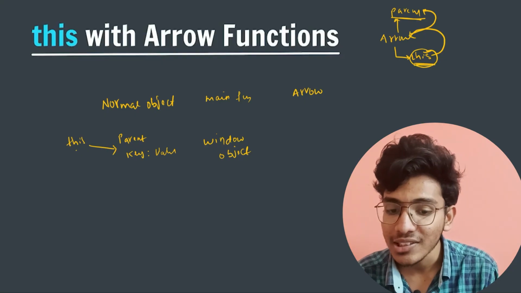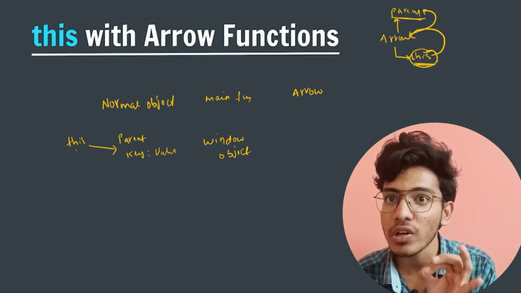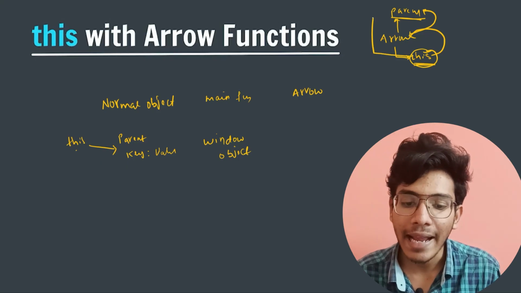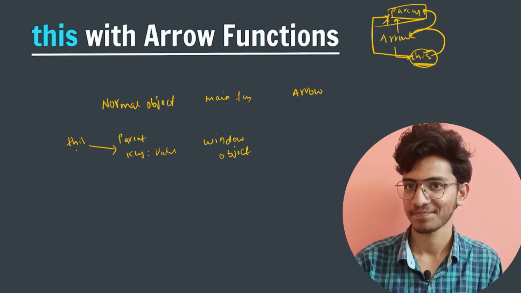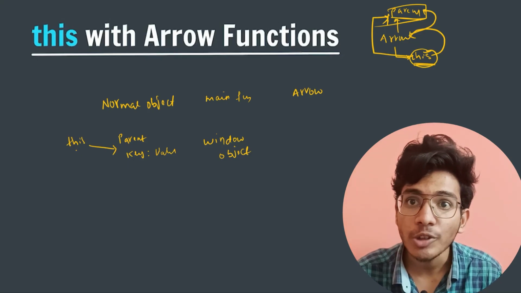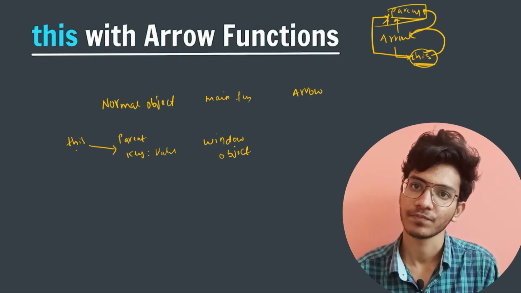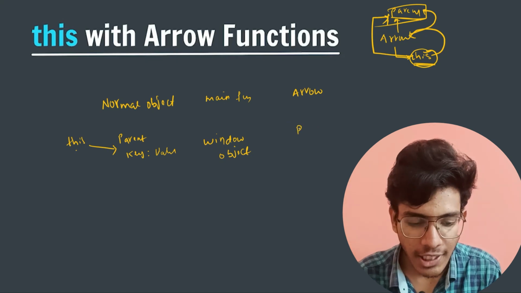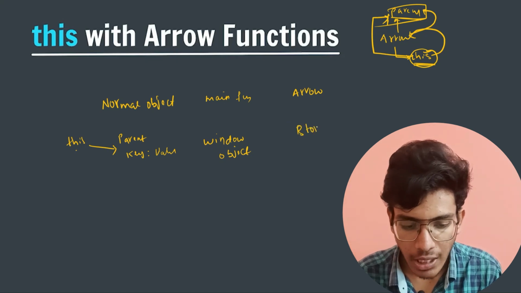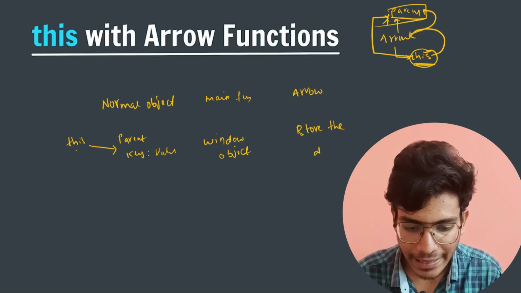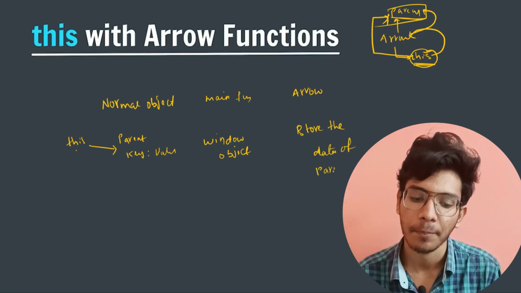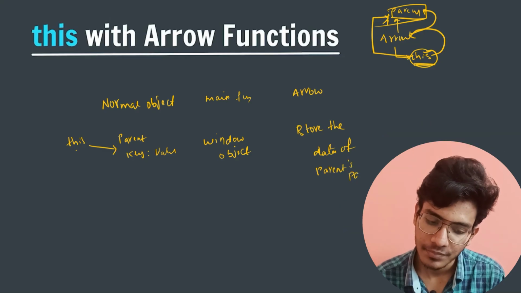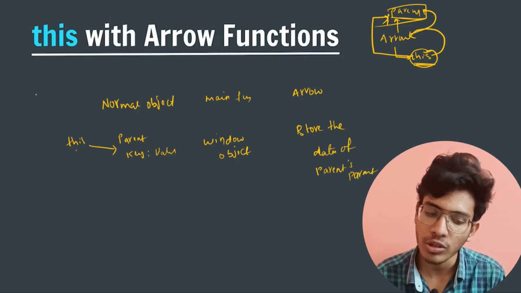Now what this keyword inside the arrow function will do is that it will directly store the information of the parent's parent, because it follows lexical scope. I will show you the meaning.